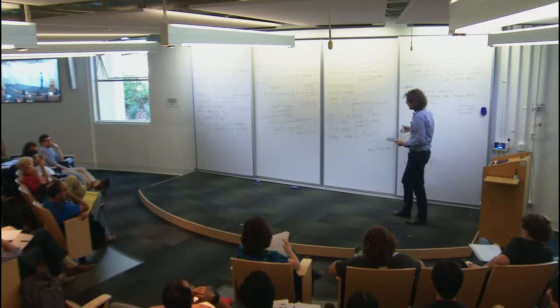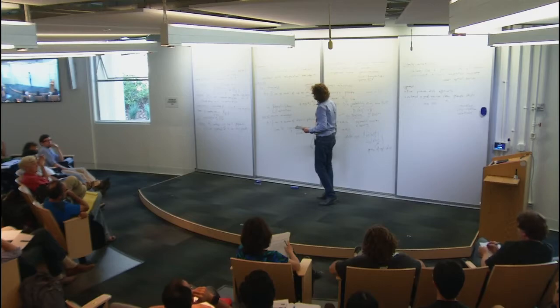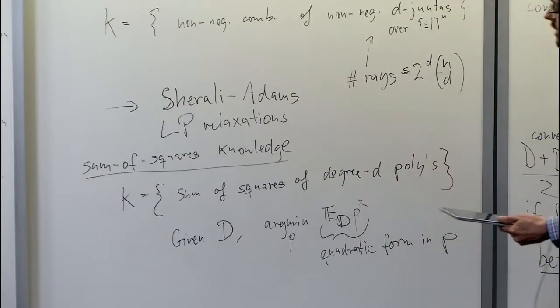Just because our real-world knowledge about low-degree polynomials is captured by this kind of sum of squares knowledge.